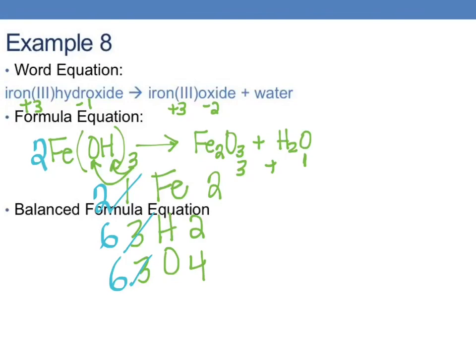So how many H2Os do we need? 3. That gives me 6 H's. And now how many O's do I have total? I have these 3 plus these 3. You're going to multiply it by 3, right? So that gives me 6.